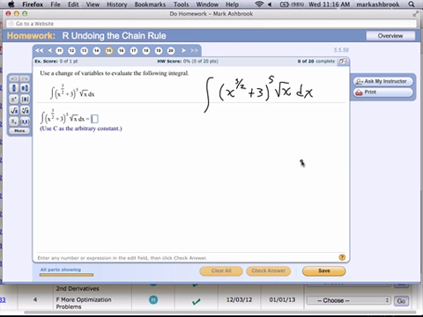That's not the fifth root. That's to the fifth times the square root, and this is 3/2. No, fractional. Bring that power down, that's 1/2.